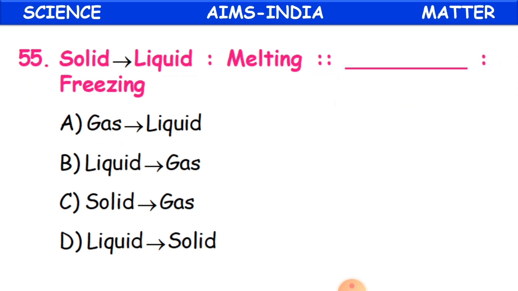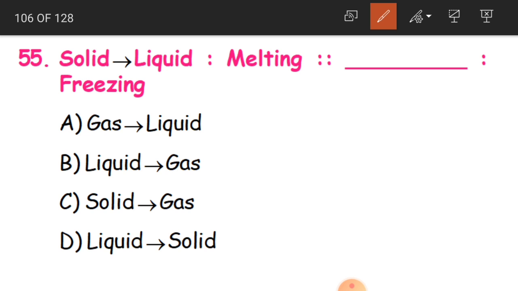Solid turns into liquid by melting, and here dash, that is freezing. So what is going to change as what? How do you get gas to liquid? Will you get it by freezing?